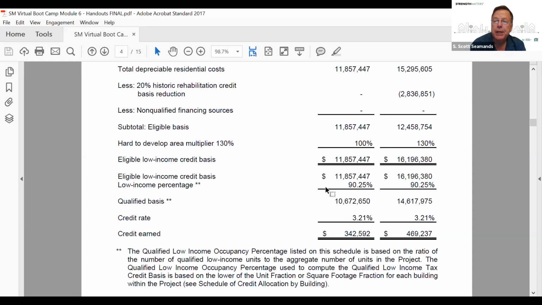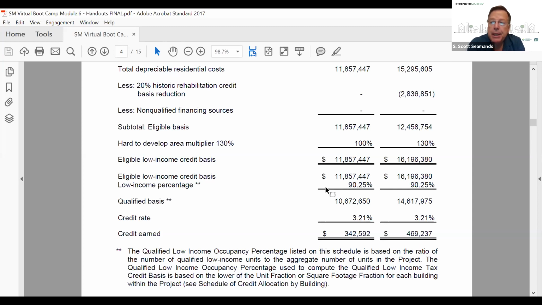But apparently this project does have, it was actually about 7 out of about 85 units were market rate. And so you don't get any credit on the market rate units, either for acquisition or rehab. But in this case, the rest of the units amounted to 90%, and we'll see where that number comes from later on, was the affordable units. So we multiply 90% times both of these numbers to come up with the qualified basis.